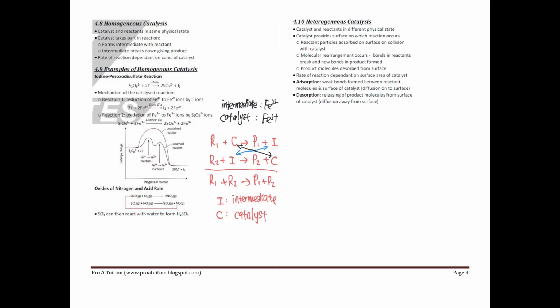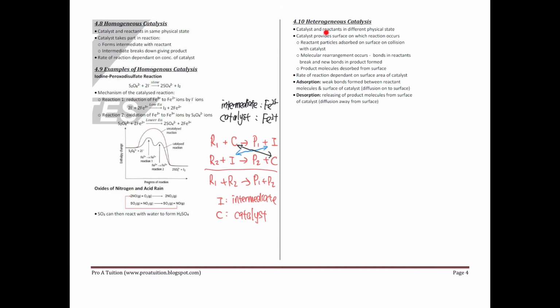Okay, now let's move on to the other side: heterogeneous catalysis. Hetero means different physical states. So who has different physical states? It is the catalyst and the reactants. For example, the catalyst is solid and the reactant is aqueous.